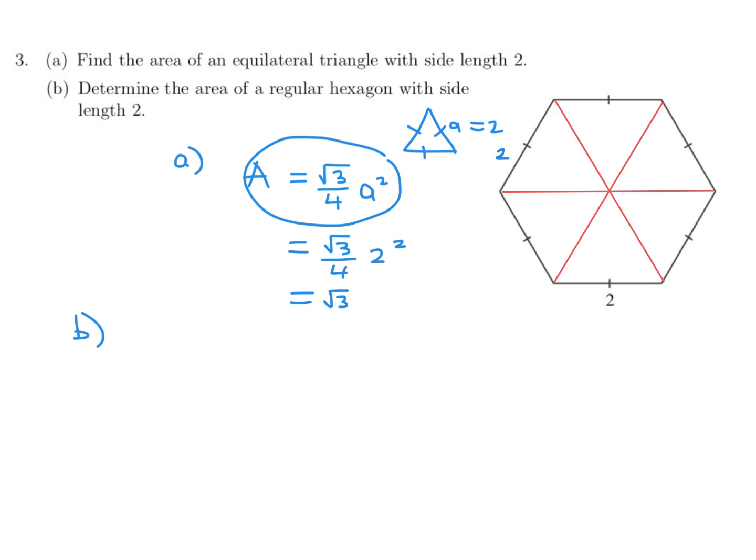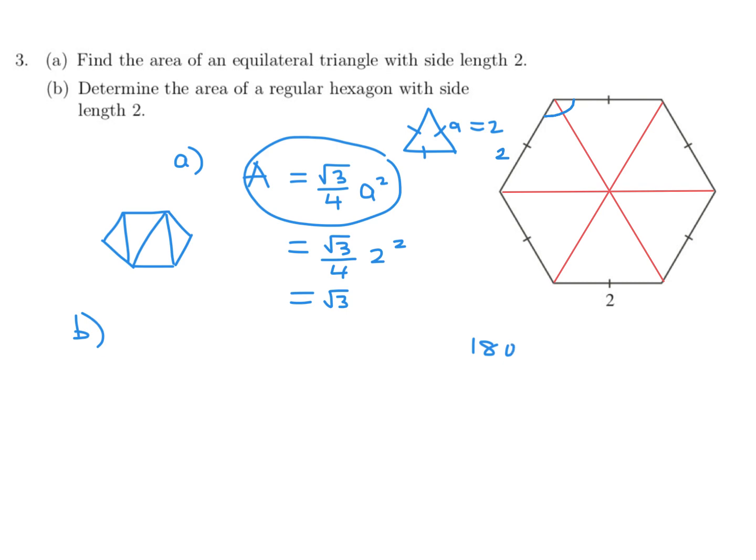Now, some of you might be a little unconvinced that these are equilateral triangles. You might say, well, how do you know that they're equilateral? Well, one thing you can do is figure out the internal angle of a hexagon. A hexagon, I'll just draw one here. You can split it up into 4 triangles, right? And the internal angles of each triangle add up to 180 degrees.